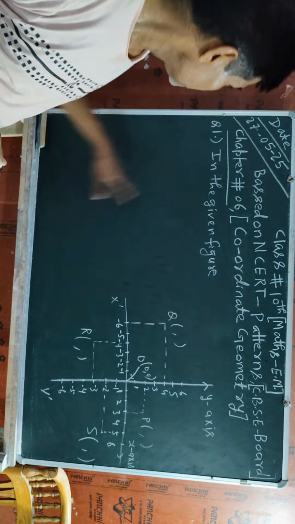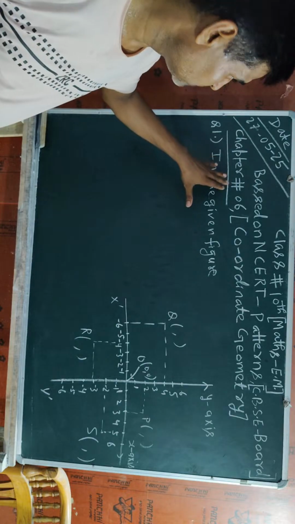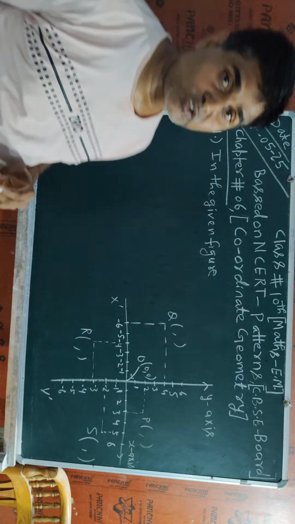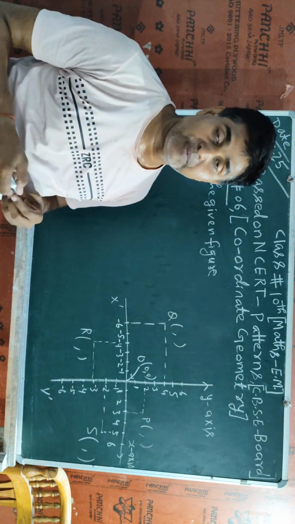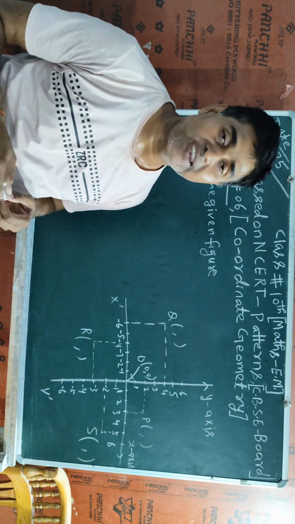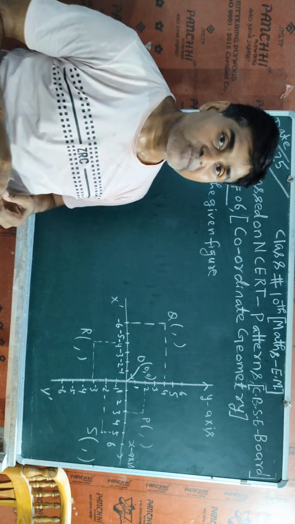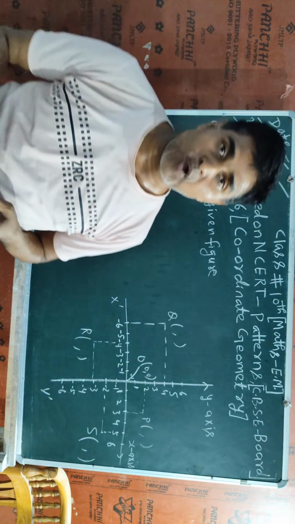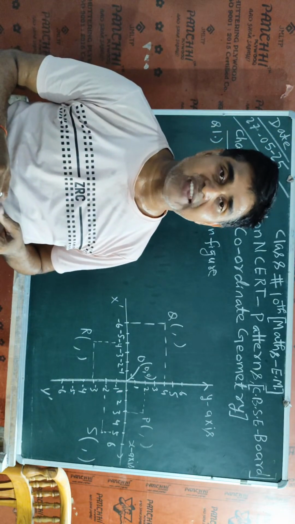Okay students, now here I am going to explain the coordinate geometry. In previous classes, I have already taught you about the Cartesian plane, the quadrants, and the signs of the quadrants.